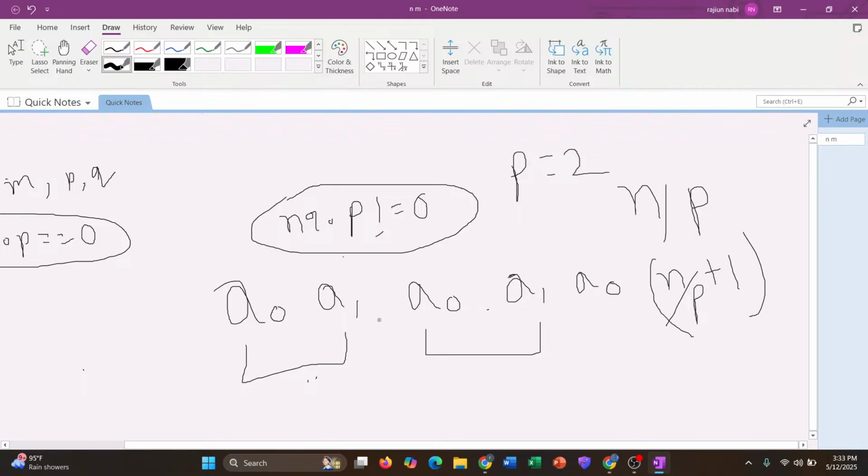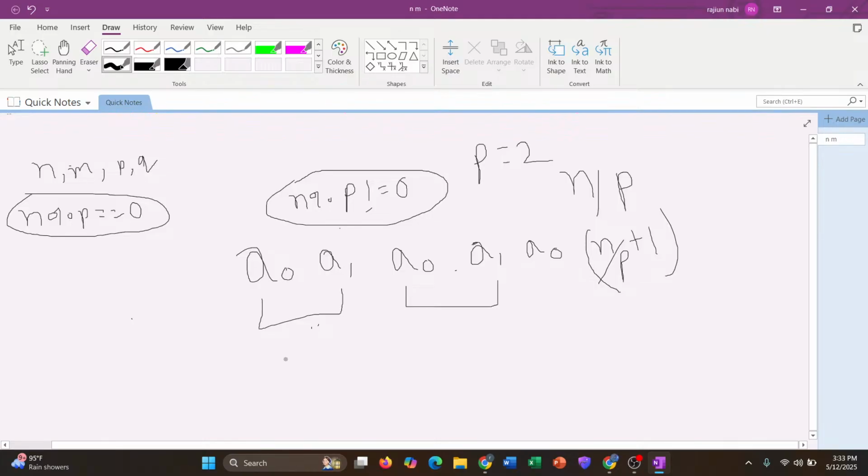Fine. So we can write this as: (n/p + 1) times a0 plus (n/p) times a1, and this will be equal to m.